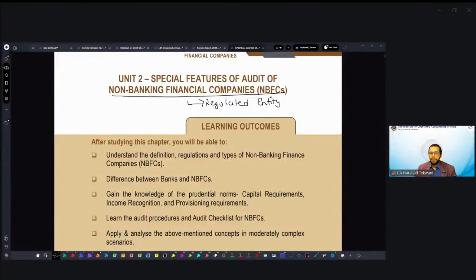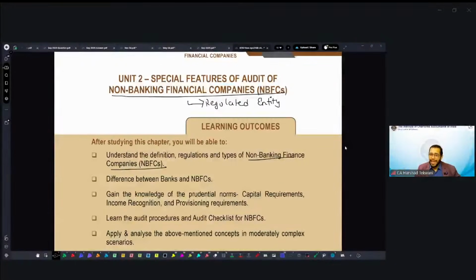It is not 100% correct, because when I talk about the term NBFC, non-banking financial company, this contains very different types of NBFCs. So first of all, let's understand what is an NBFC. Then we will deep dive into the regulated entity concept and regulations.